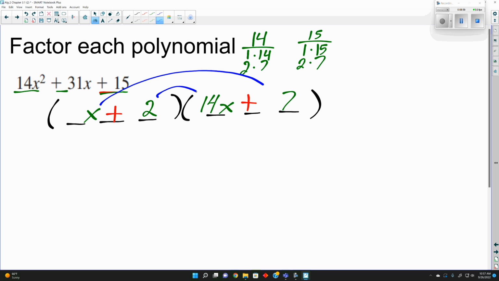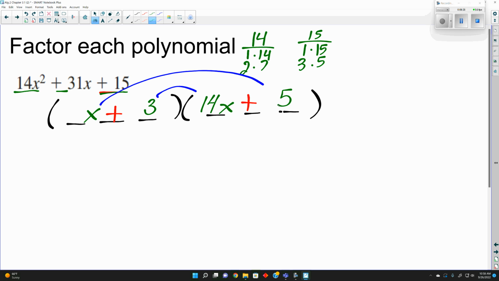Or not 2 and 7, it's 3 and 5. Yeah, I was thinking of 14 again. So we can do 3 and 5. Sometimes it is good to just make sure you have the correct factors.